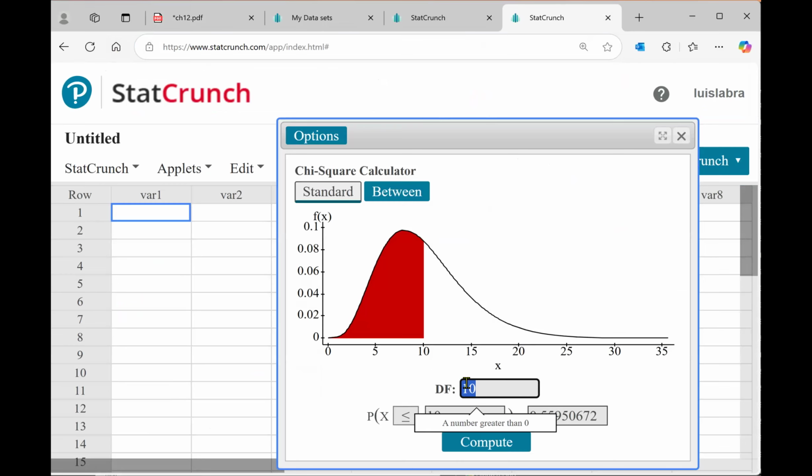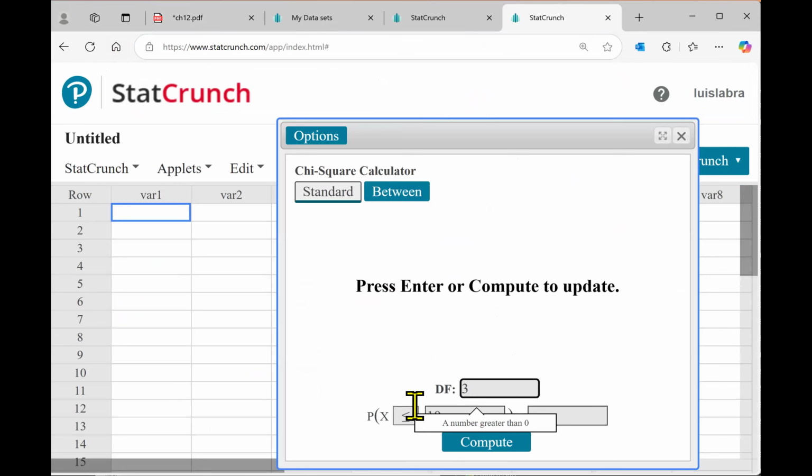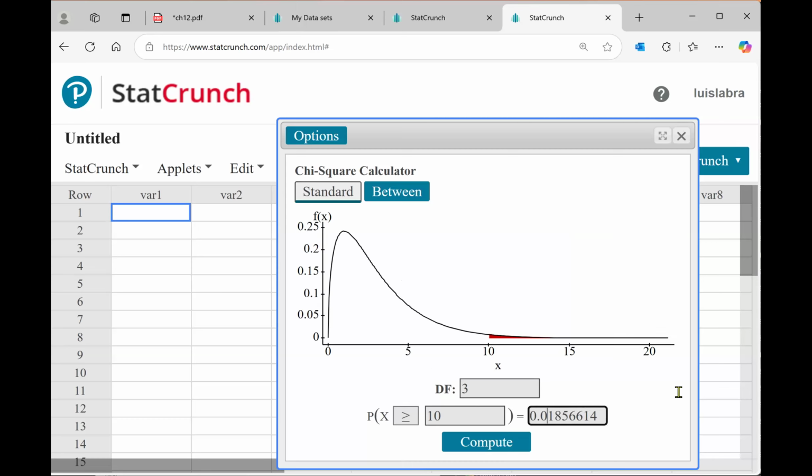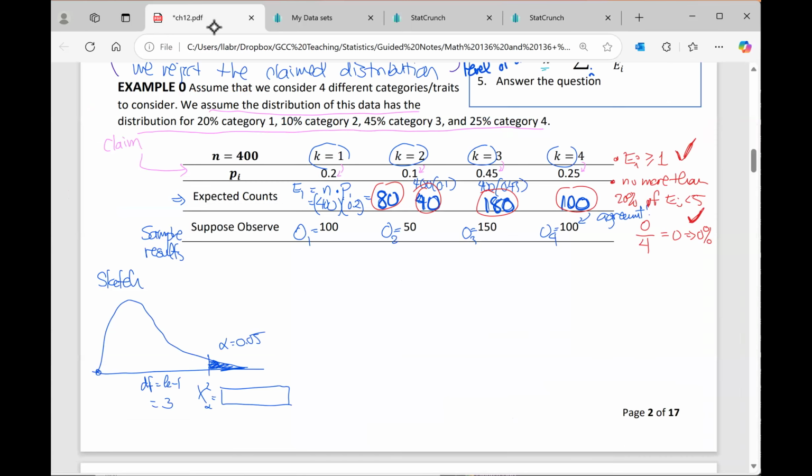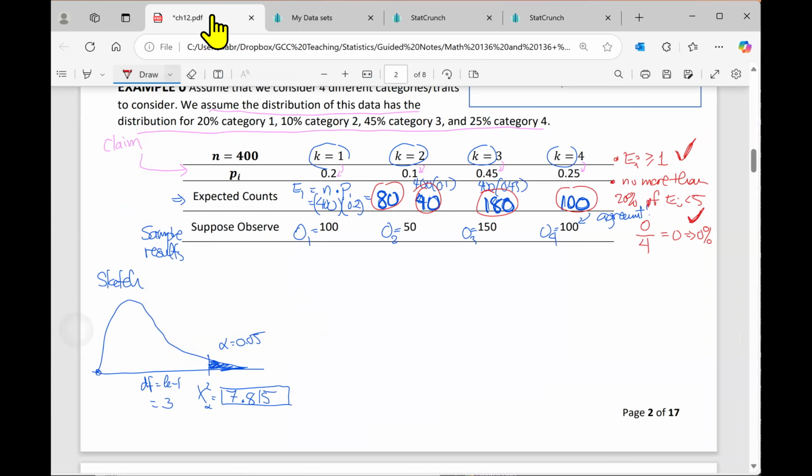We type in our degrees of freedom, as well as indicate that we're doing a right tail where the area in the right tail is 0.05. So we observe our critical value. All right, so that should have been familiar. Now let's go ahead and emphasize the test statistic.